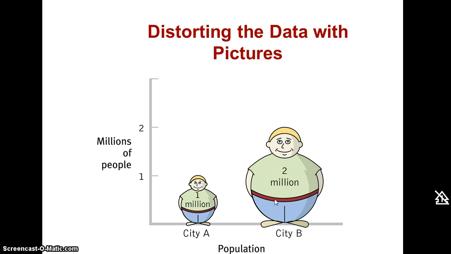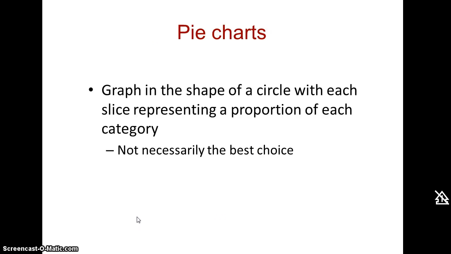So it distorts that difference. It makes it seem like City B is much, much bigger than it actually is. So be careful about distortions due to pictorial representations.